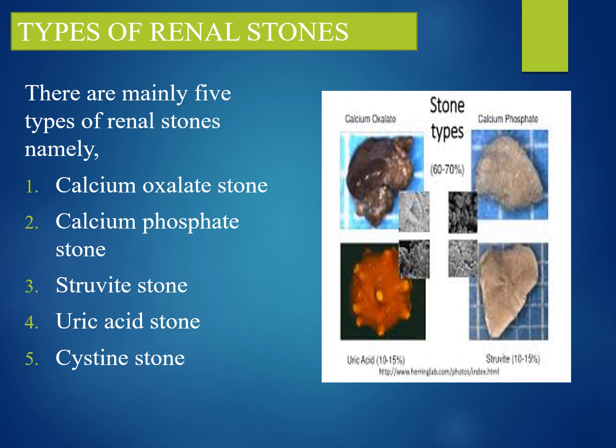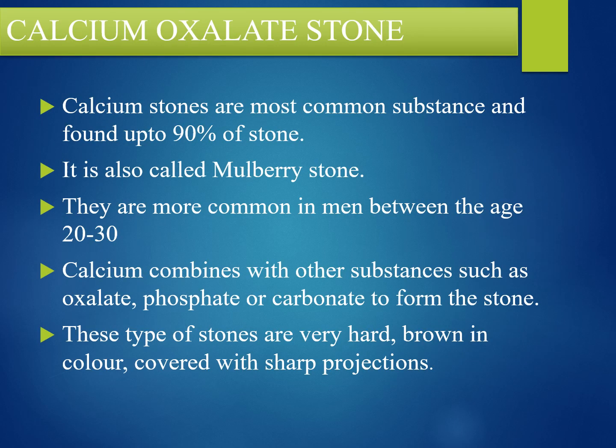Next one is calcium oxalate stone. Calcium oxalate stones are the most common, found in up to 90% of renal stones. Calcium oxalate stone is also known as mulberry stone.